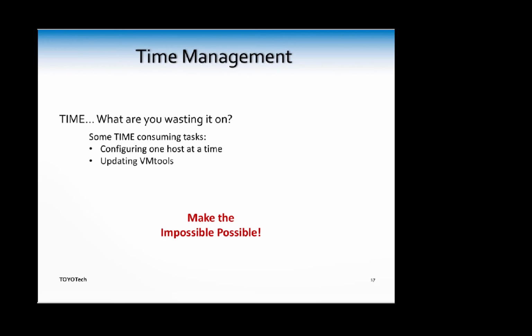What about updating VM tools, right? What versions are installed? Do you need upgrading? How do you upgrade them en masse? Who's using what, right? Who reserved what objects? Duplicate IPs.